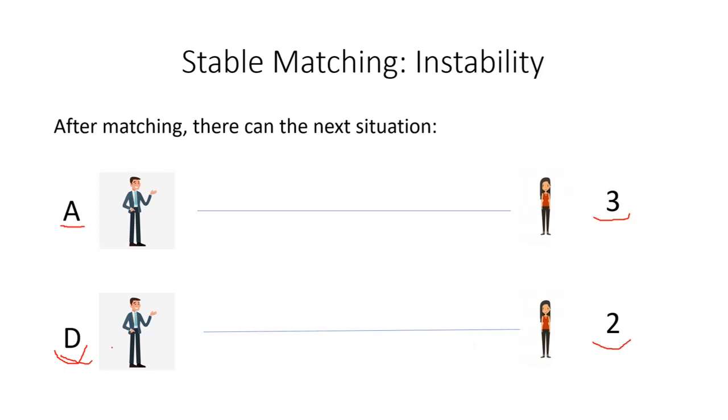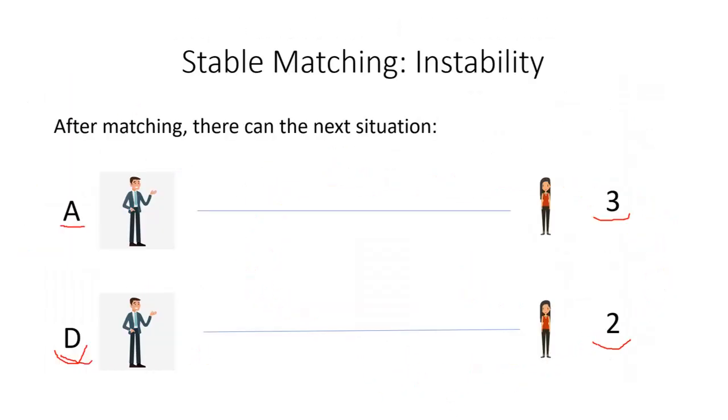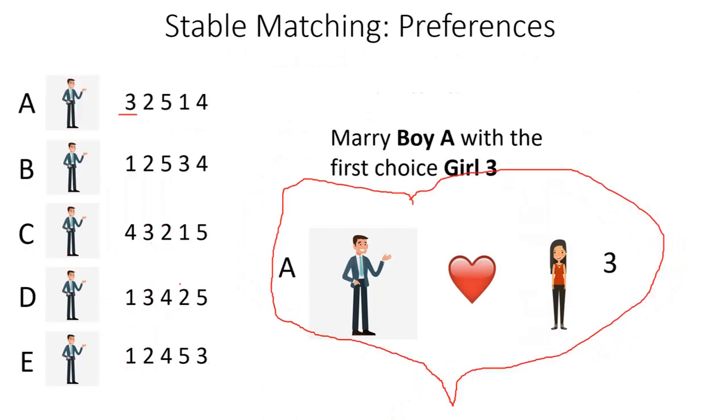But if we take a look at the preference list of boy D, we see that girl 3 is more preferable than girl 2.